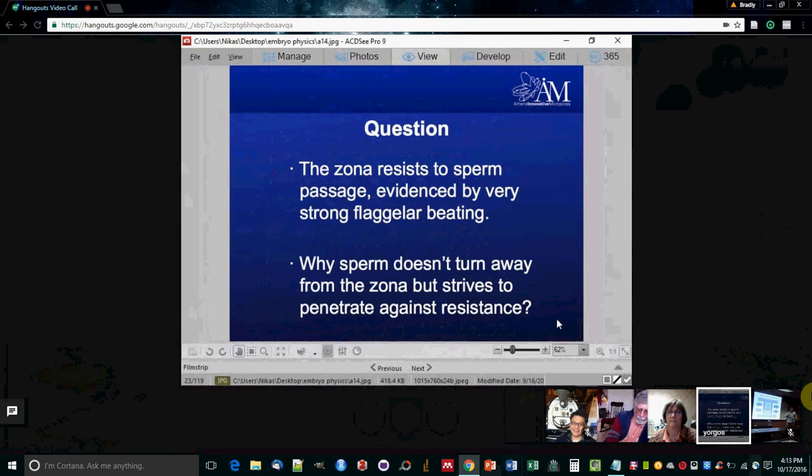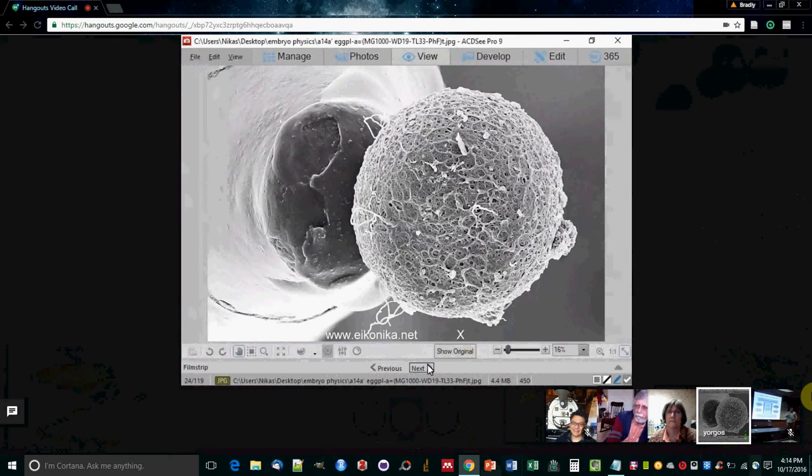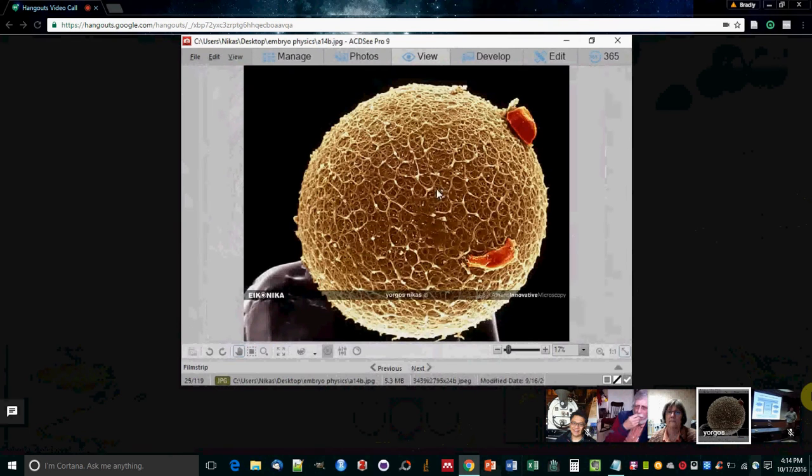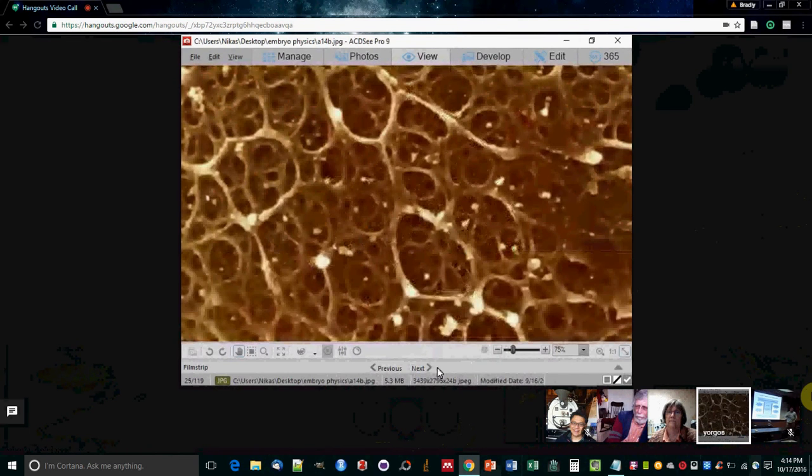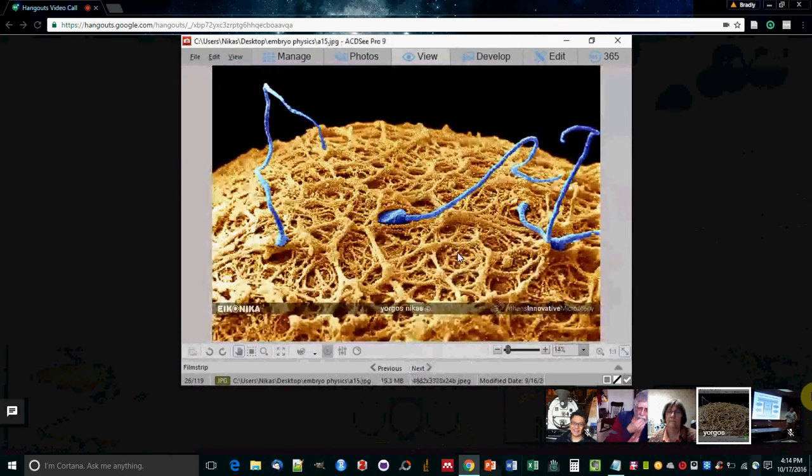I think the answer is not enzymatic, the answer is mechanical, because if you see here all these rings in the egg, sorry, the image is not so good, we see the sperm actually enters the zona pellucida through these rings, these pores.